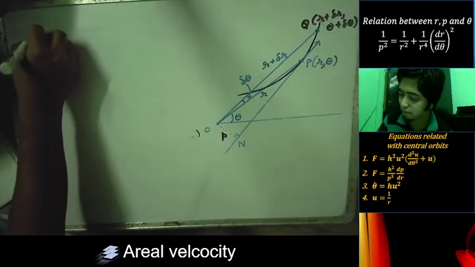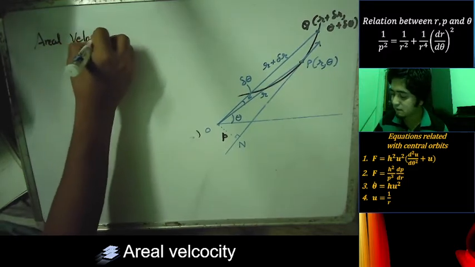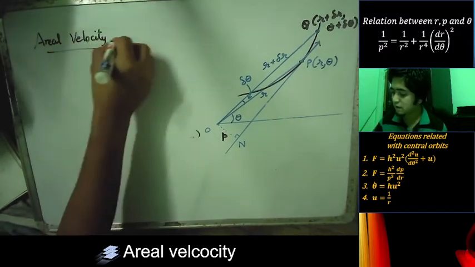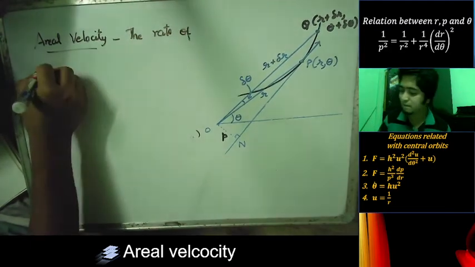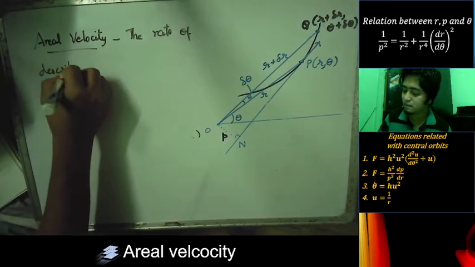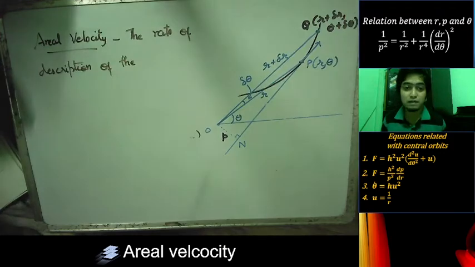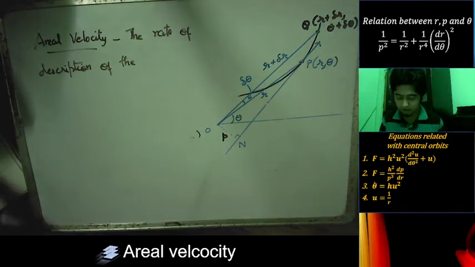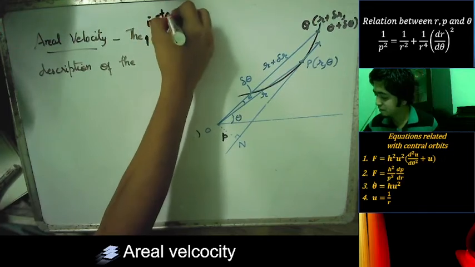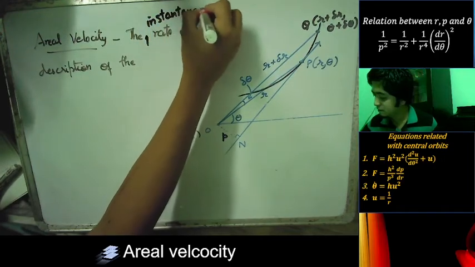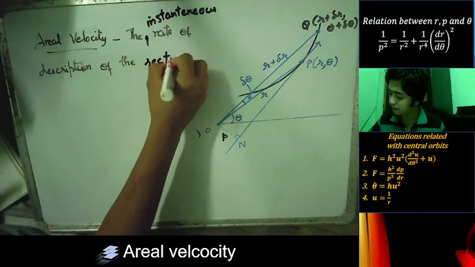Areal velocity will therefore be defined like this: the rate of description of the instantaneous description of the sectorial area.